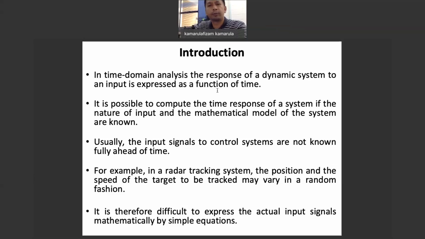Let's say here in the time domain analysis, the response of any dynamic system, given any input, is basically expressed as a function of time.